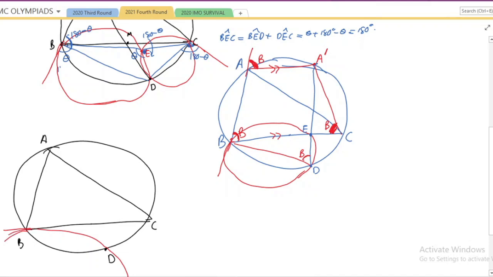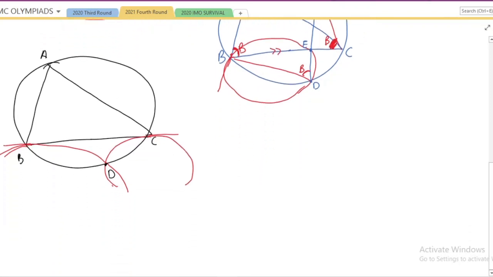The circle might look something like this, and the other one something like this, we get something of this nature. So this point here should be F. Okay. This is the median. This is M.